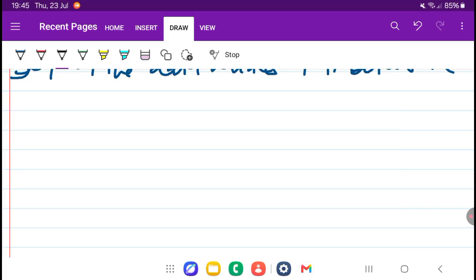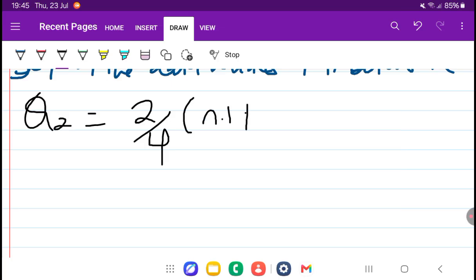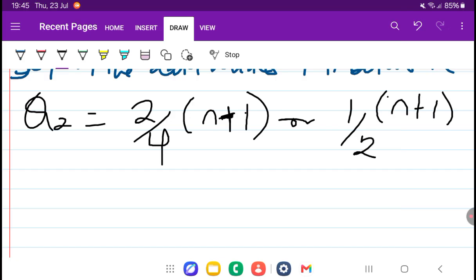So this Q2 will be equivalent to 2 out of 4, n plus 1. And of course, this is just a half, or 1 over 2 times n plus 1.